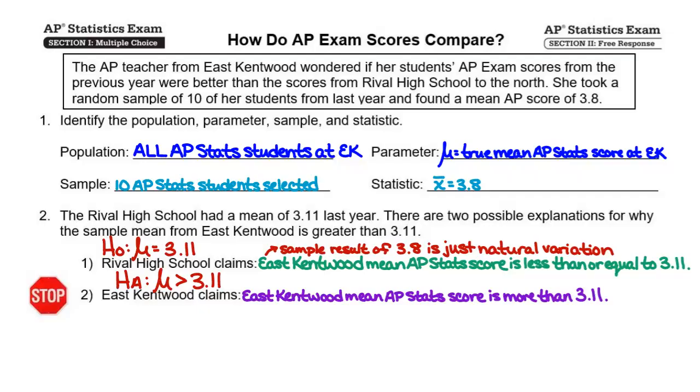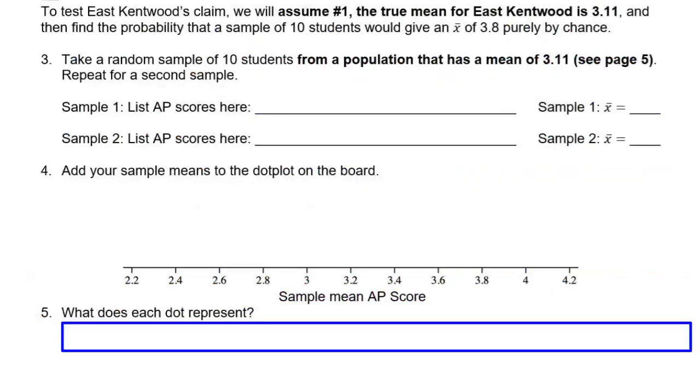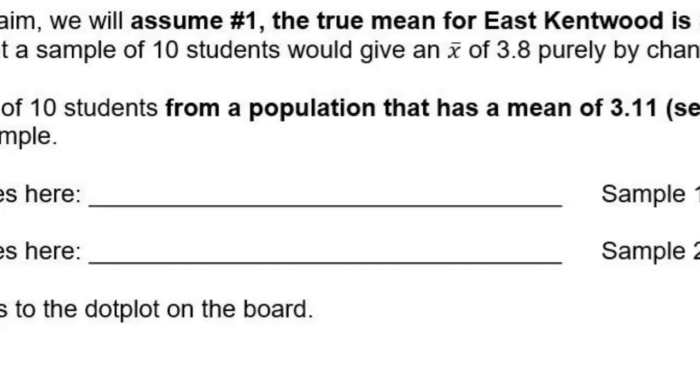We are going to run a simulation now. I have a list of AP exam scores on page 5 in your packet that come from a population whose true mean is 3.11. So we are going to assume that number 1 is true.